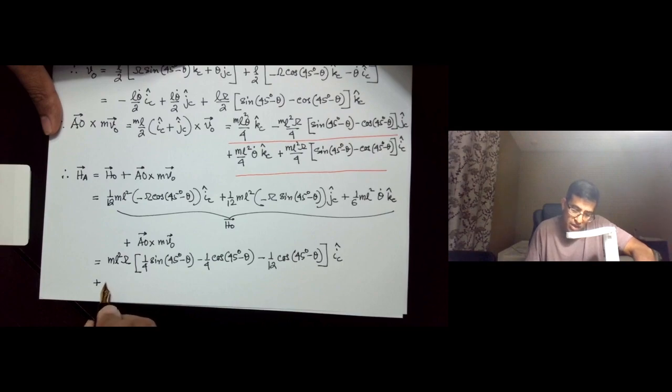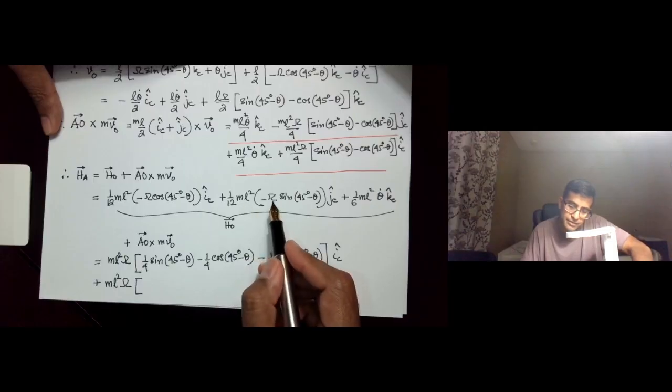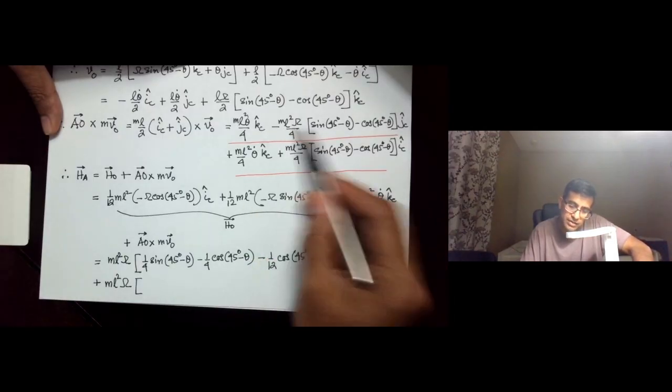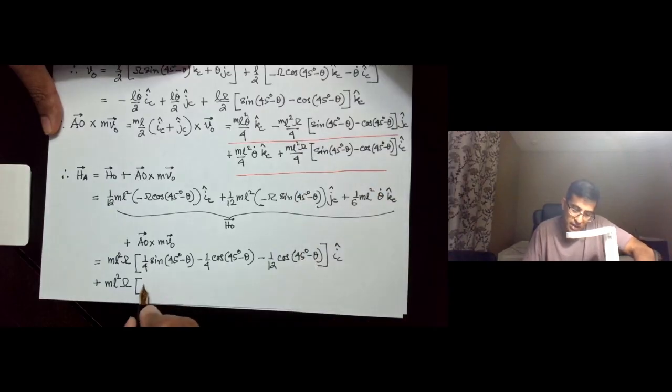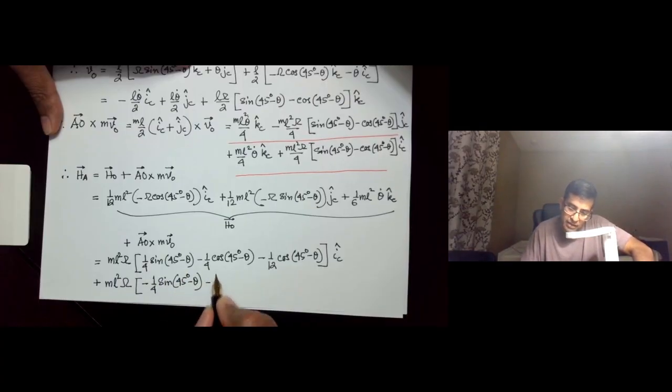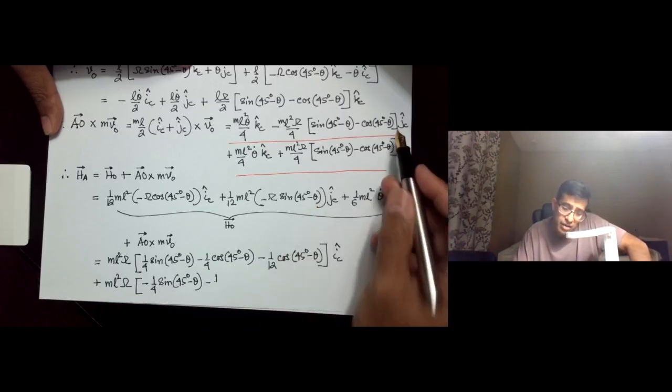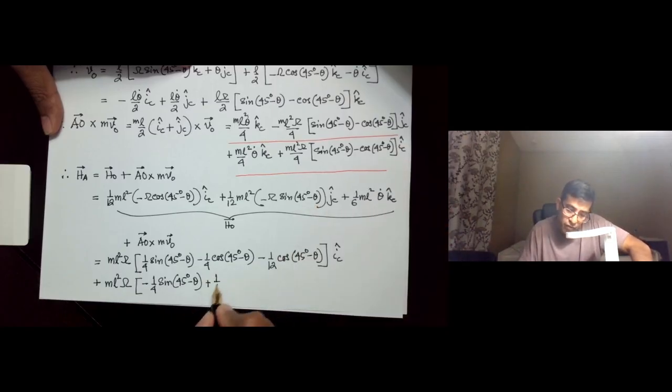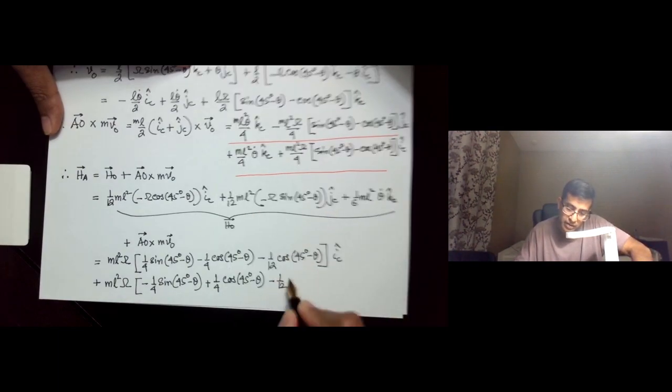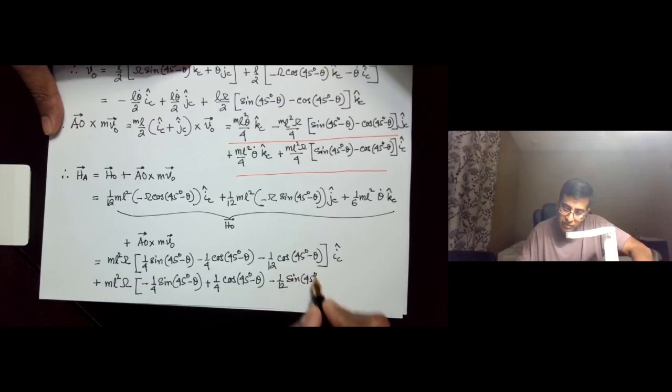So let's write it as ml squared capital omega times negative 1/4 sine of 45 degrees minus theta, or rather plus 1/4 of cosine of 45 degrees minus theta, and here we will have minus 1/12 sine of 45 degrees minus theta.